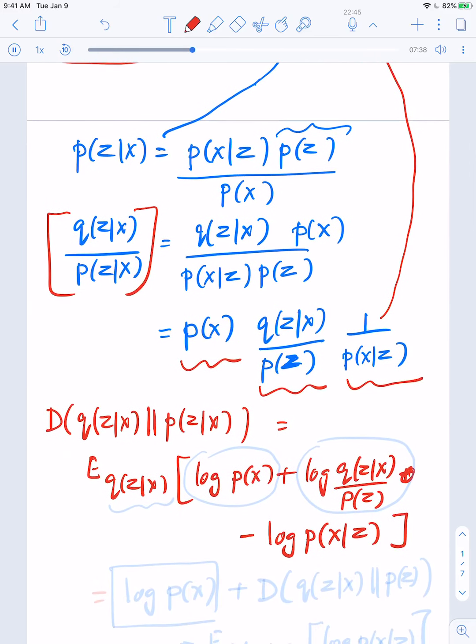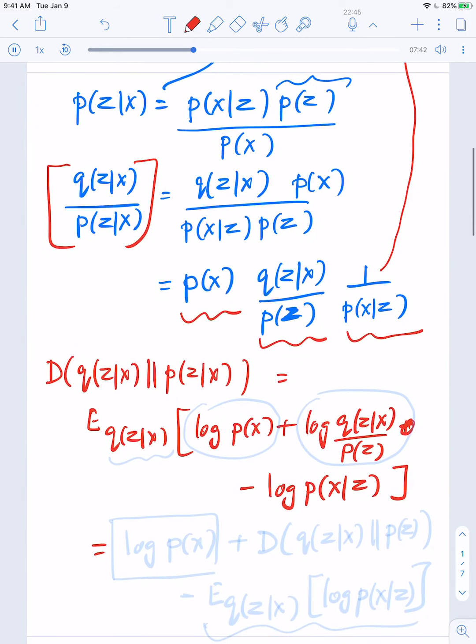And note that if you give me the data, this first term does not depend on the encoder approximation at all. So this just pulls out of the expression. And this is my log likelihood function that I'm really interested in. The second term here is the expectation using Q of the log of Q over this P. That's again a divergence, a KL distance.